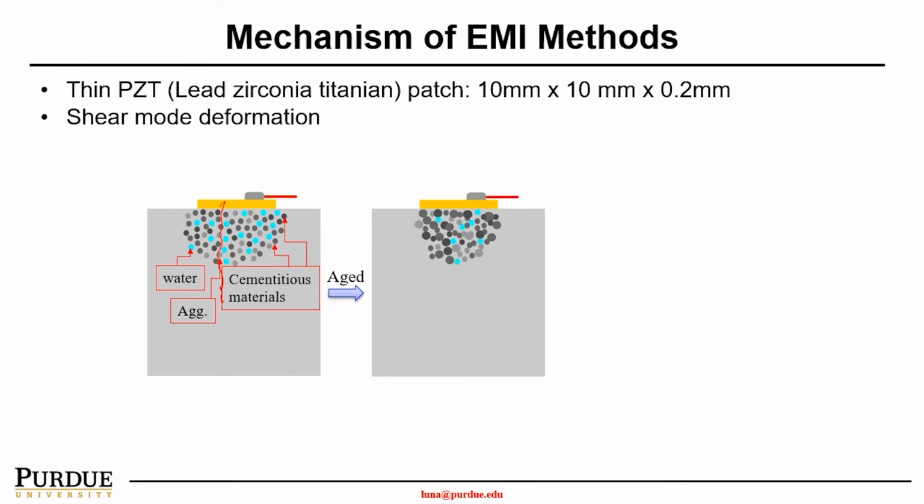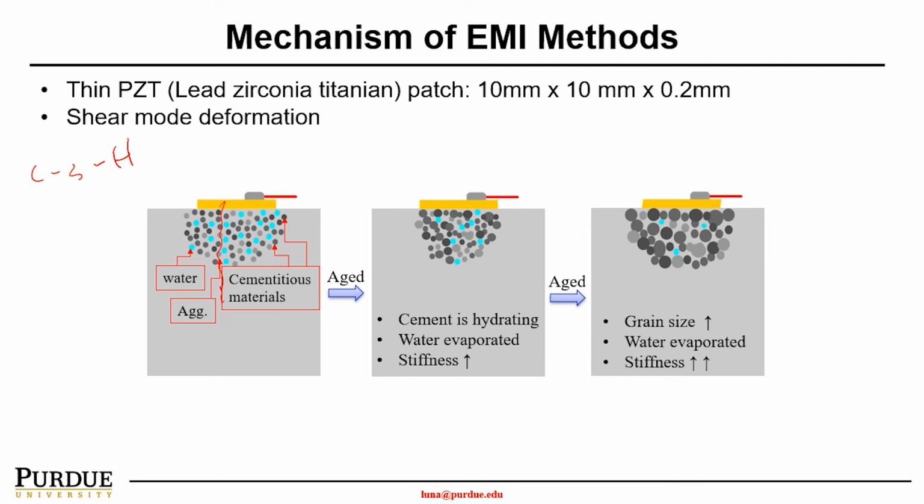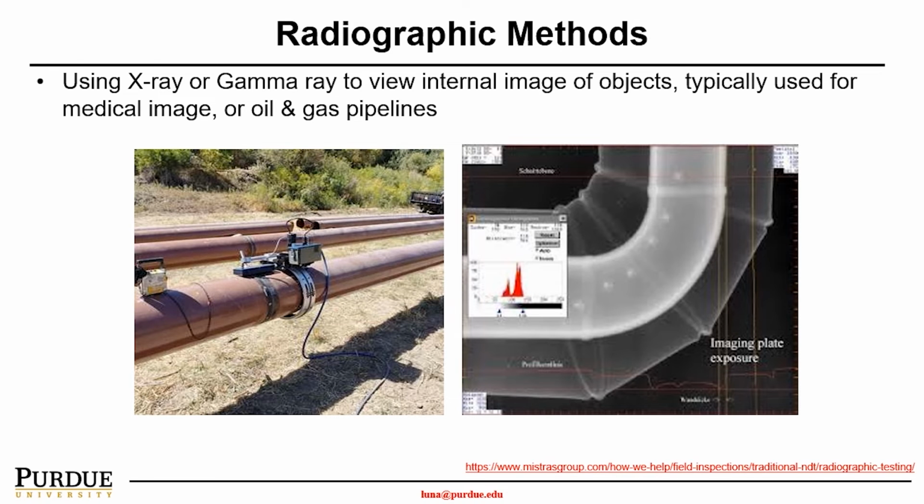When water, aggregates and cementitious material go through what we call the hydration process, they generate CSH gel, calcium silicate hydrate, which is the strength contributor for the concrete. Once the cement is going through the hydration process, the stiffness increases. So the impedance of the material will increase. By looking at this specific impedance property, we understand the stiffness development of the concrete.